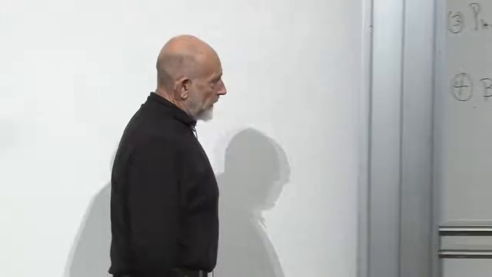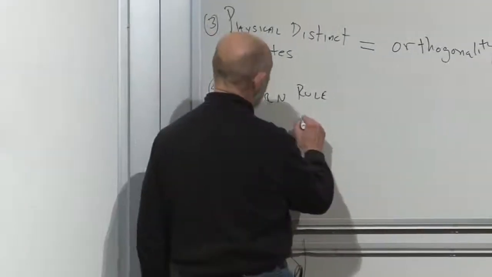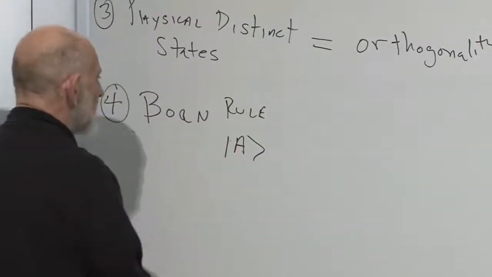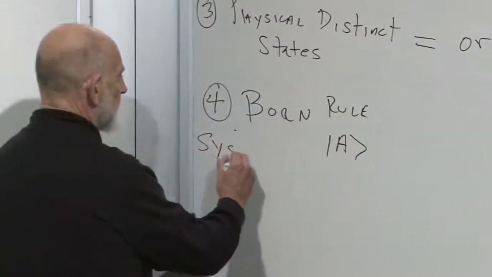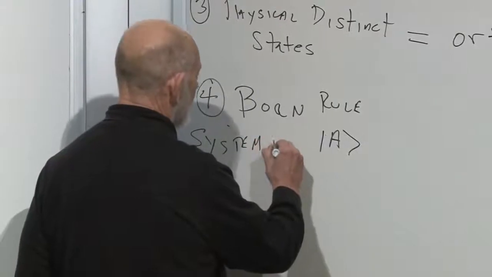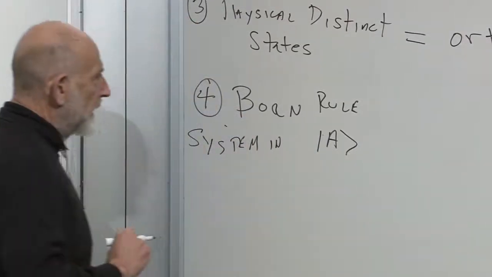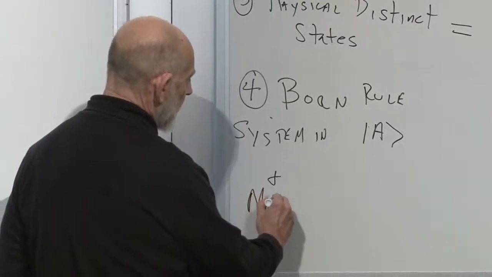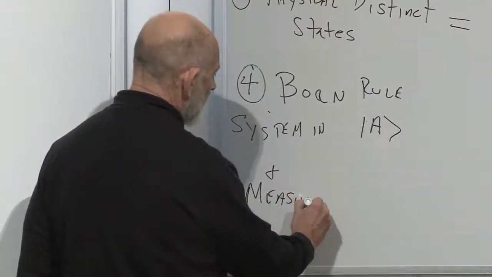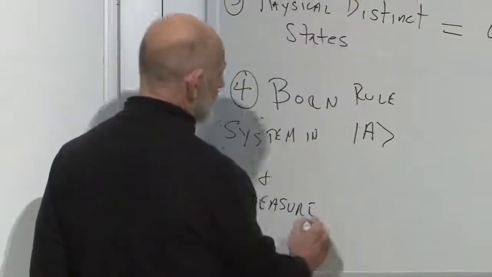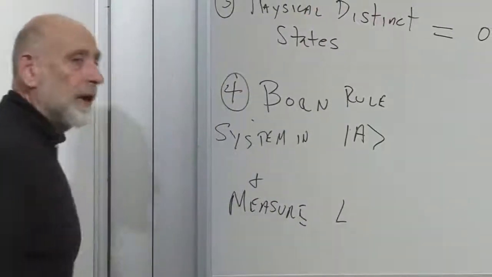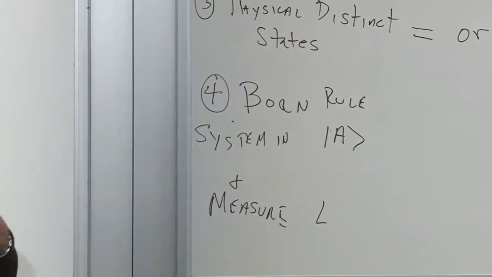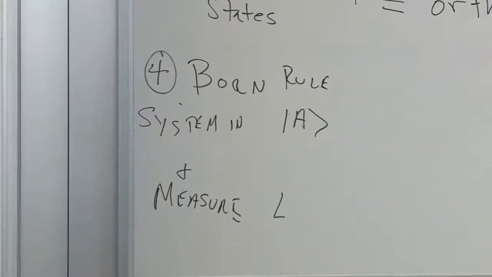The Born rule says, if your system has been prepared in state A, and you measure L, the observable L. Now I'm using interchangeably the physical idea of the observable with the operator which represents it.